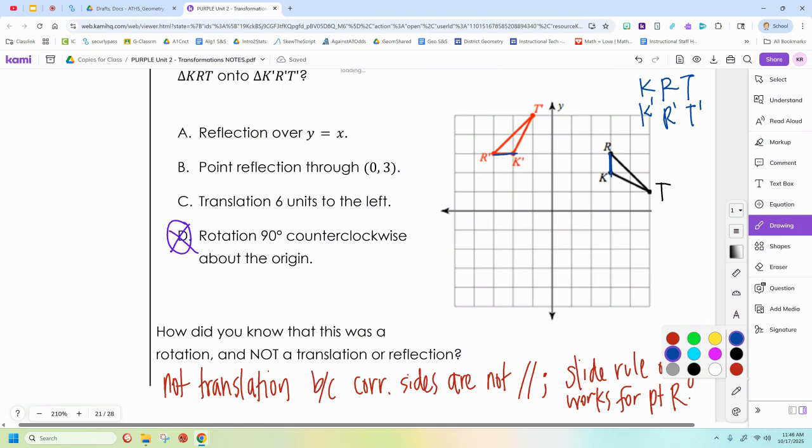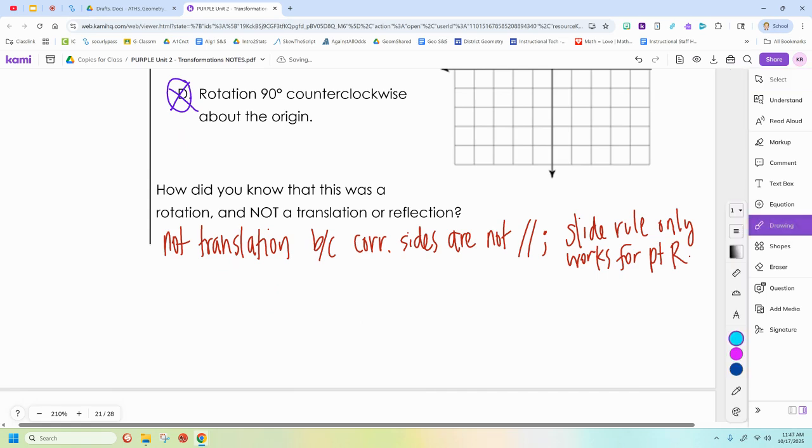That's how we know which vertex corresponds with each vertex, but I can also use it this way. Side RT corresponds with side R prime T prime, and you can see that if I were to continue extending those, they would intersect, they would not be parallel. That's a great question. So we have 3 sets of corresponding sides and 3 pairs of corresponding angles in our triangles.